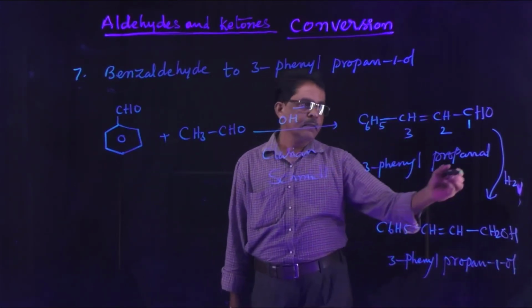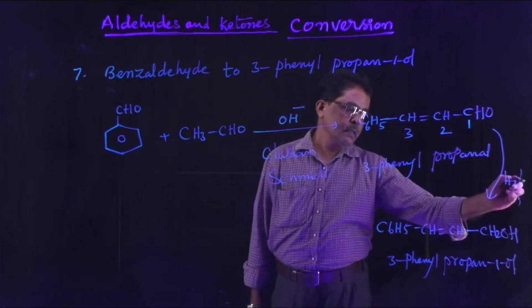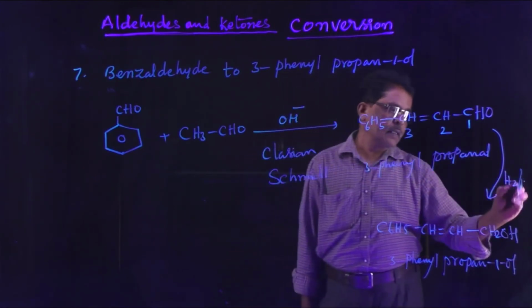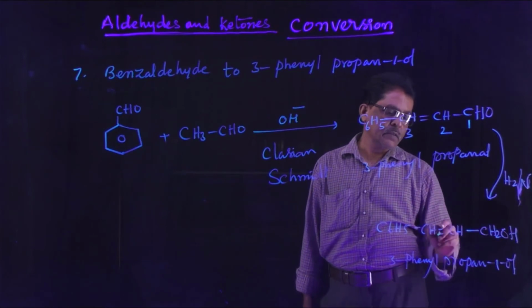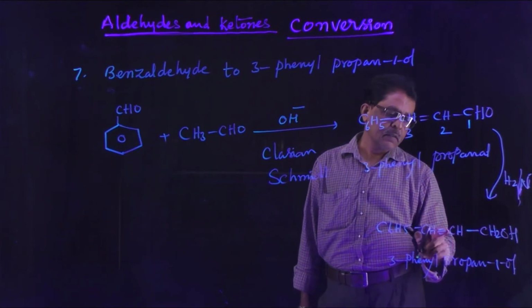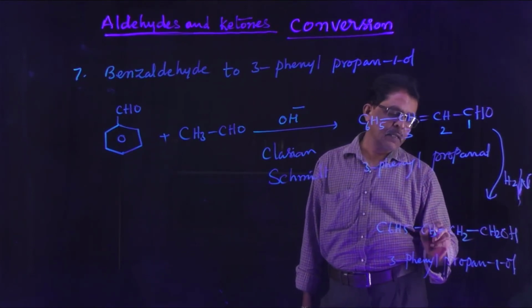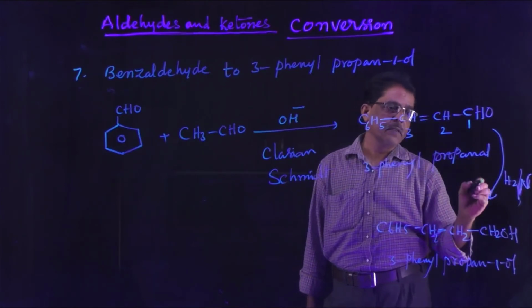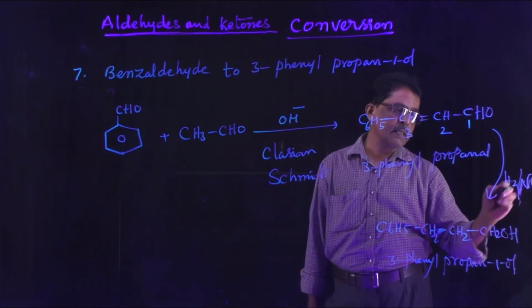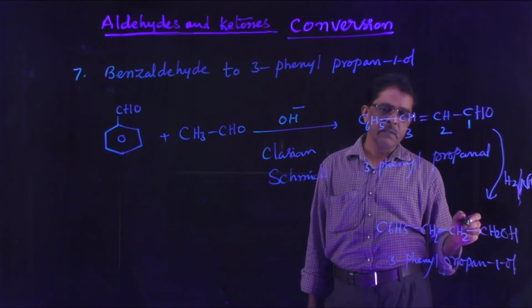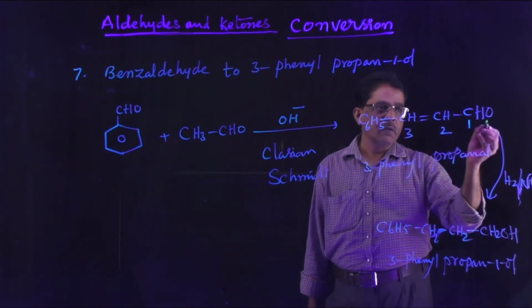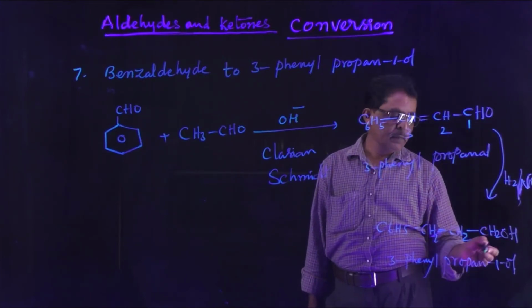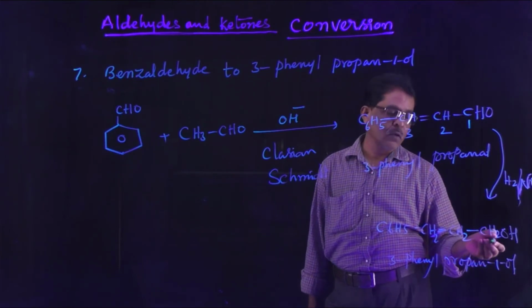This is the reduction in the presence of nickel catalyst. We have to use it: the double bond becomes a single bond. The double bond is also reduced in the presence of nickel catalyst or palladium catalyst. Then both the double bond and the CHO group are converted into 3-phenyl propanol.